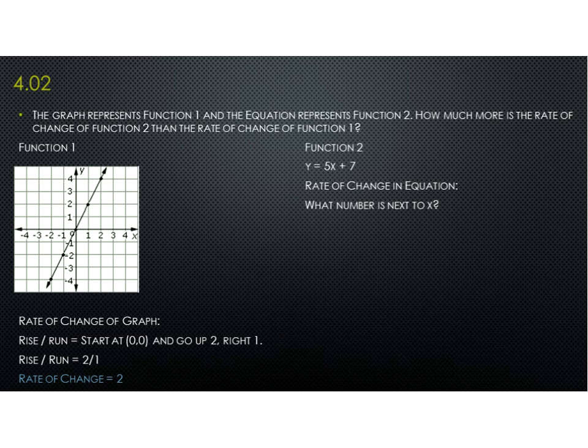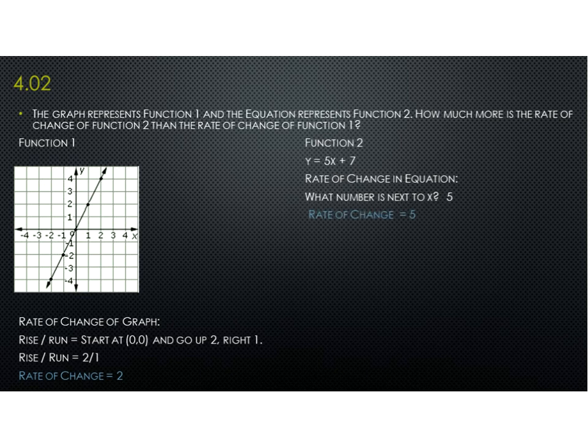Just look at the equation and see which number is right next to the x. Yeah, great job, Justice. It's 5. So, because 5 is next to the x in this equation, 5 is going to be our rate of change. And it's really that simple.